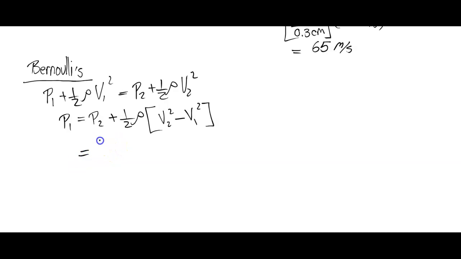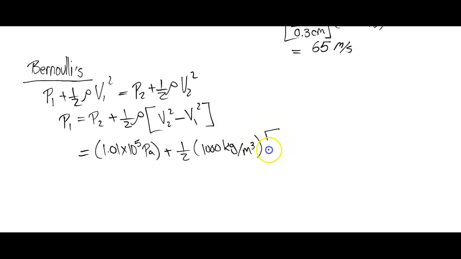P2 is coming out of the nozzle, so that's atmospheric pressure, which is 1.01 times 10 to the 5th Pascal, plus 1/2 rho, where rho is the density of the fluid. In this case, it's water, so 1,000 kilograms per meter cubed, times the second velocity squared, so that's 65 meters per second quantity squared, minus the first velocity, which is 0.65 meters per second quantity squared.